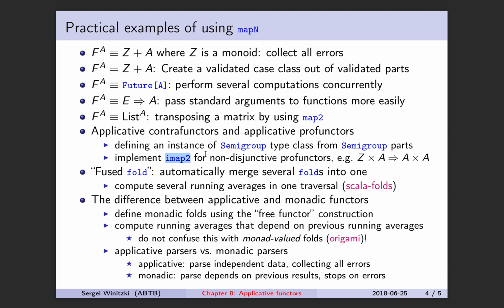It's called imap2 in the cats library in any case, to indicate that this is not a functor map2. They call it invariant, so profunctors are called invariant, which is quite confusing to me because invariant has so many other meanings in different contexts, such as you make a transformation but something doesn't change.